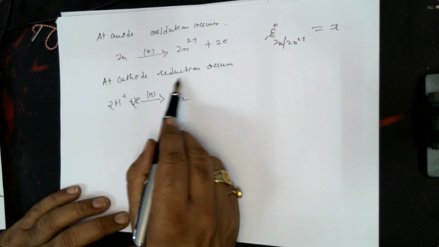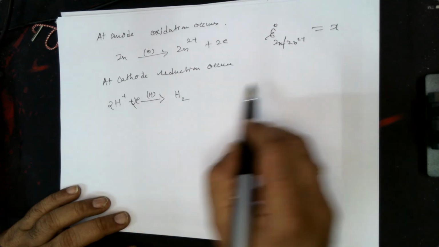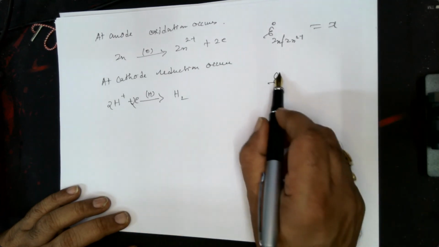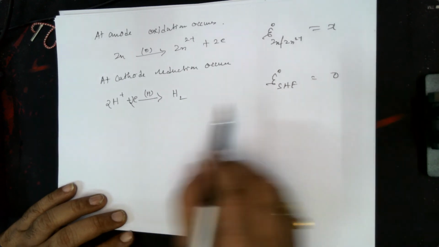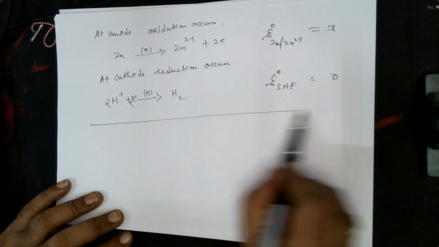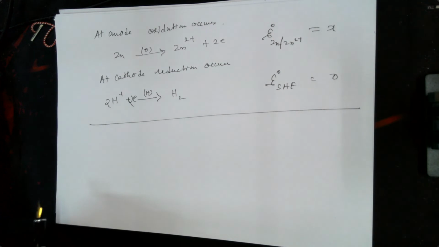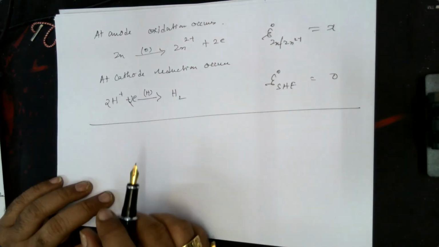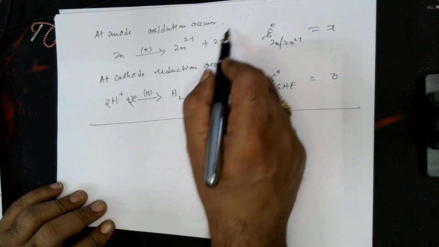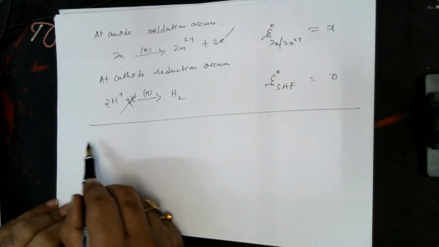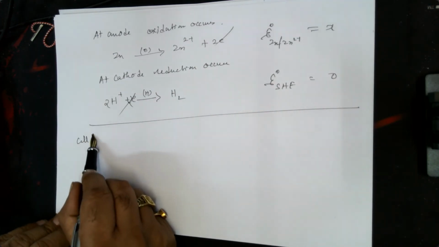And what about the cathode, where reduction takes place? We know pretty well that for hydrogen it is 0. Now this undergoes oxidation, this undergoes reduction, and you can combine these two. On combining, the 2 electrons can be cancelled. Now you are able to get the cell reaction. Got it?